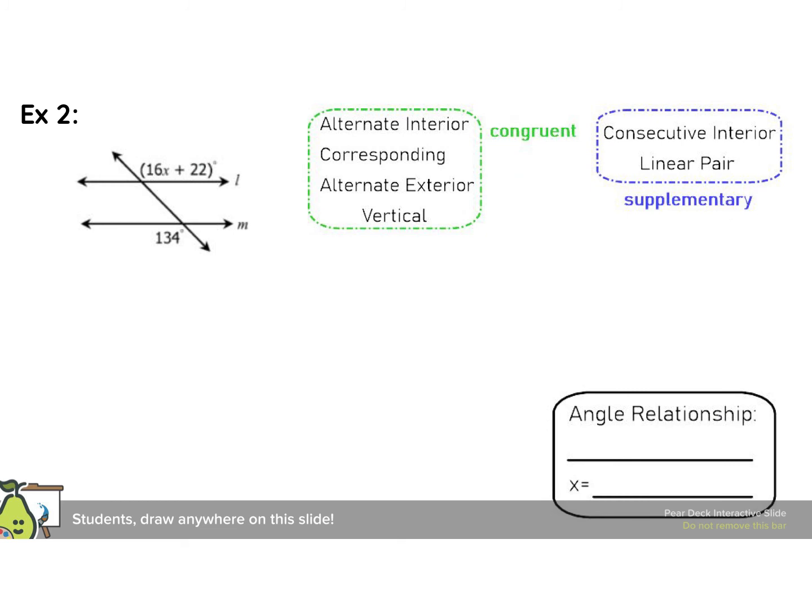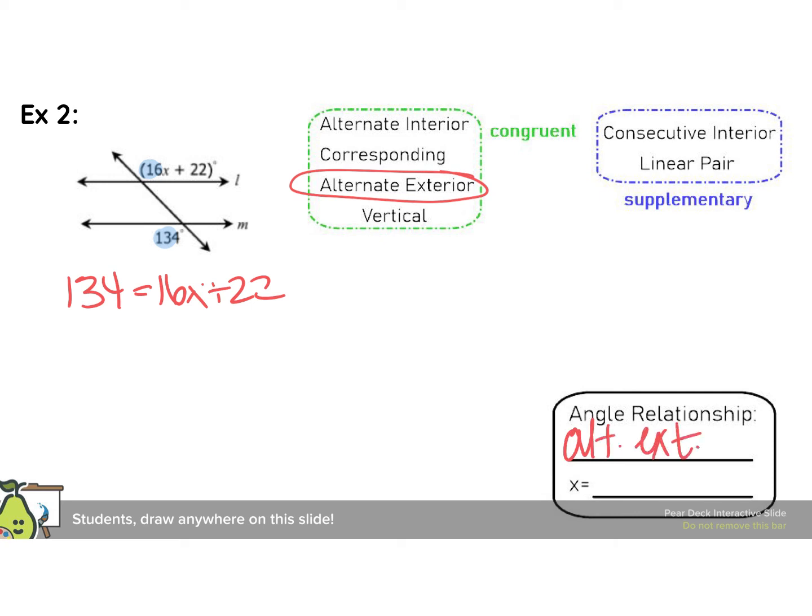Okay, here's another example, right? We have this angle here and this angle here, and those are exterior angles, and they're on alternate sides, so alternate exterior, which means that they're congruent. So again, I'm just setting them equal to each other. And we're going to solve for x.